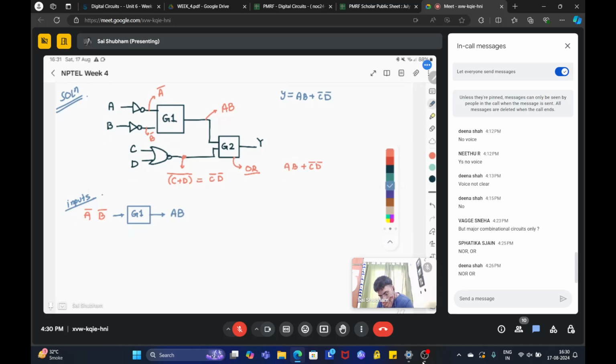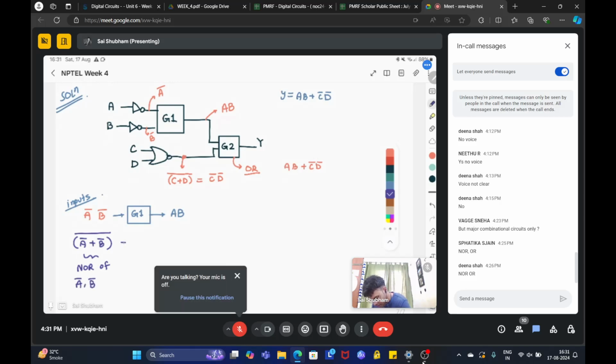So if you recall, I think we can do this. This is basically NOR operation, NOR of A bar, B bar, which will give you (A bar) whole bar dot (B bar) whole bar.